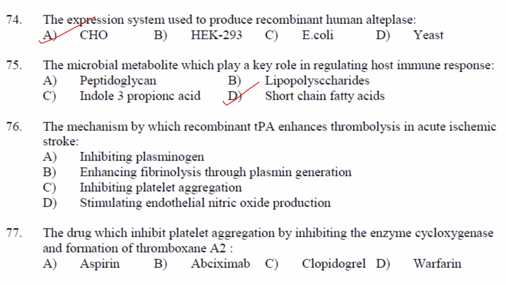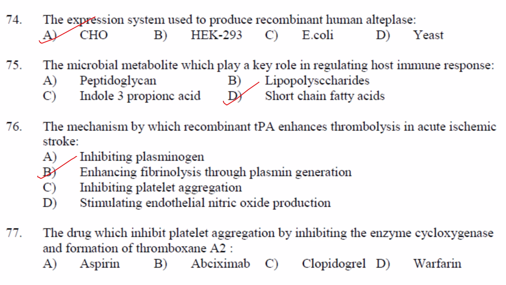Enhancing fibrinolysis through plasmin generation, yes. tPA binds to blood clots, activates plasminogen, converting it into plasmin, and this plasmin breaks down the fibrin, thereby dissolving the blood clot. Then inhibiting platelet aggregation is not a function of tPA. Stimulating endothelial nitric oxide production is also not a function of tPA. So the answer is option B.